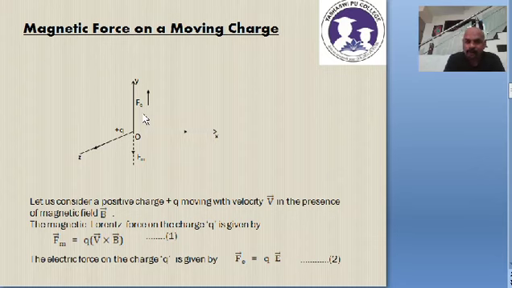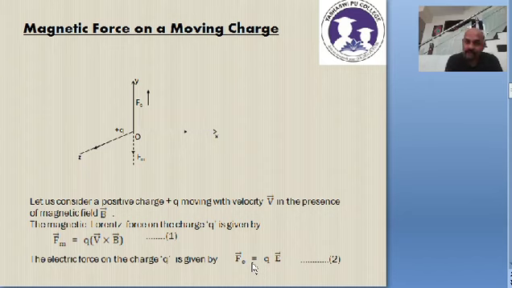That force you call Fe. So the electric force on the charge is given by Fe is equal to Q into E. So a charge moving in a combined electric and magnetic field will experience two forces: the magnetic force and the electric force.